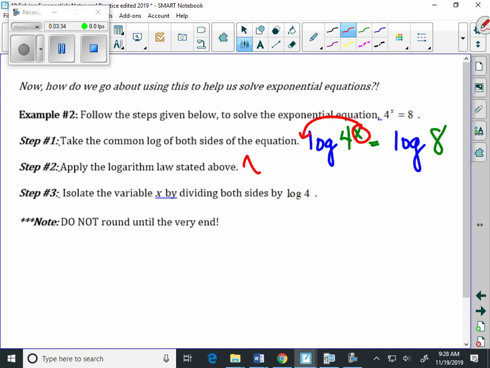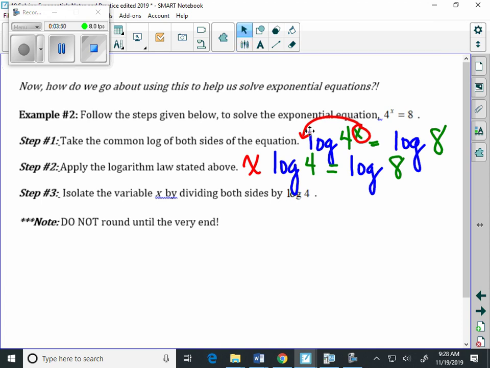Now this becomes x log of 4 equals log of 8. That means it's x times the log of 4 equals log of 8. We're using a common logarithm because that's what's on the calculator.